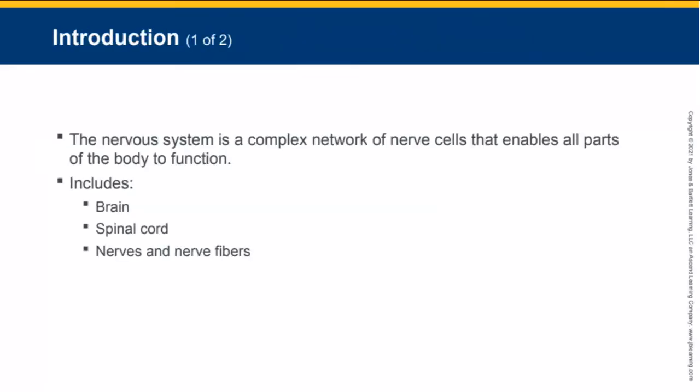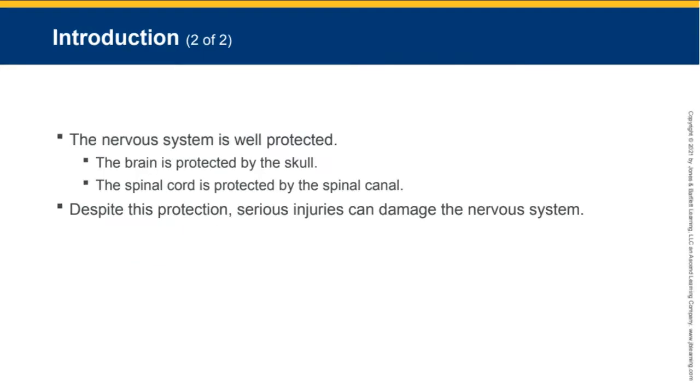Introduction. The nervous system is a complex network of nerve cells that enables all parts of the body to function. It includes the brain, the spinal cord, nerves, and nerve fibers. The nervous system is well protected. The brain is protected by the skull.